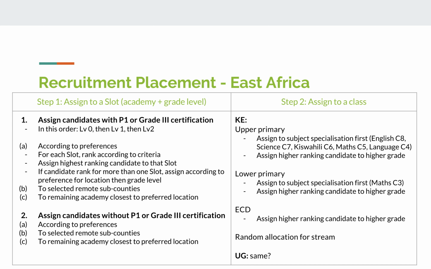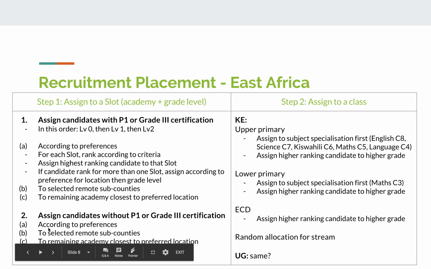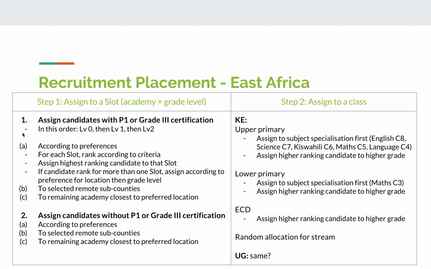For PPP markets, it's also similar: we want to place existing teachers first before we place external recruits. So they all similarly have a first bracket of candidates we consider and assign first, and then we go on to assign the second-tier candidates. Within the bracket, how we assign them is also according to this logic, which is similar among the different countries.